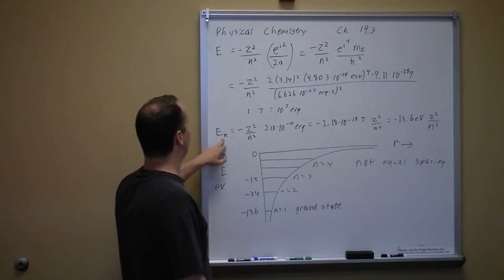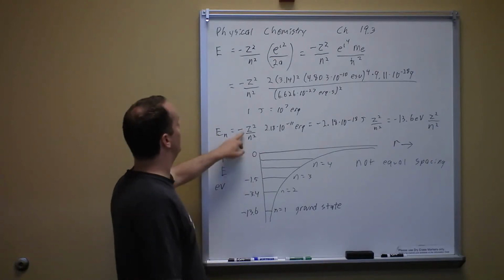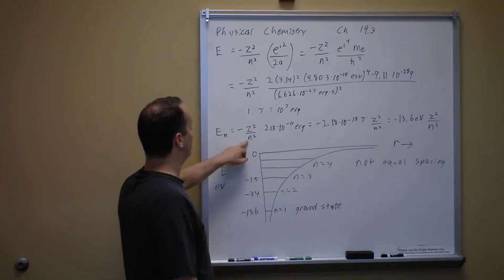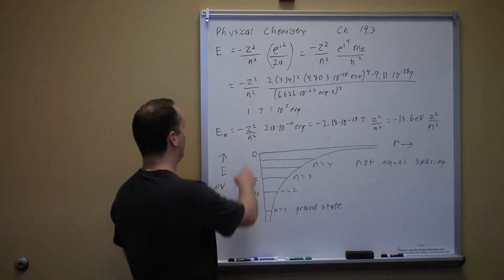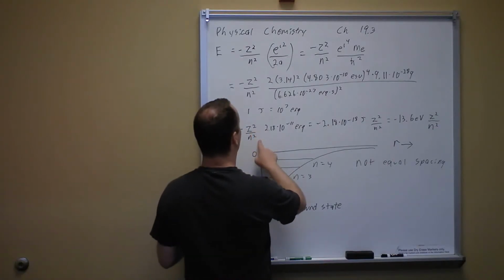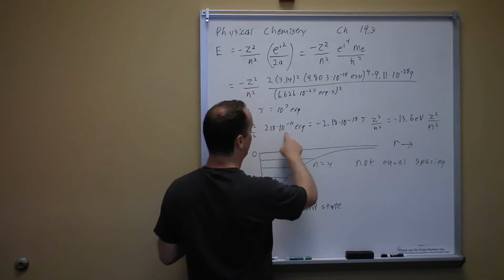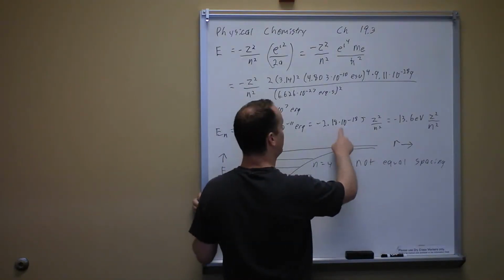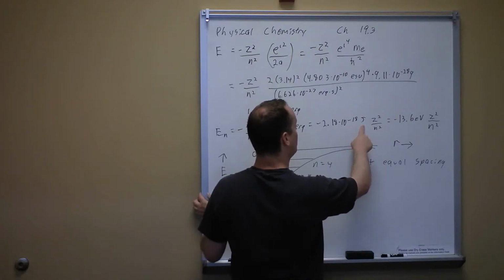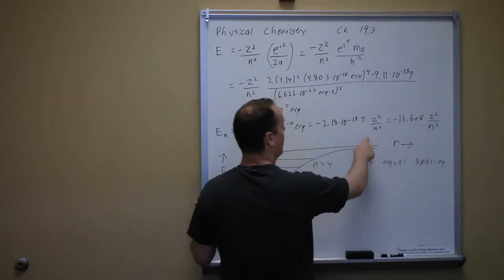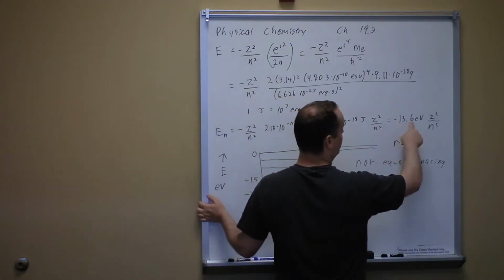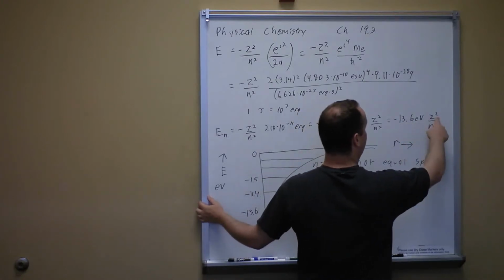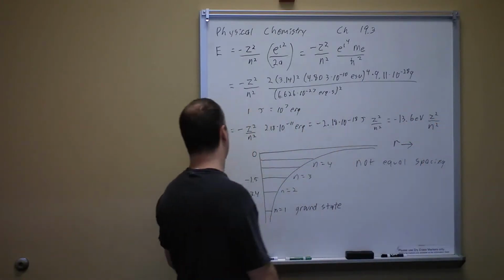So the energy for level n depends on just 2 variables, your atomic number and n. We get minus 2.18 times 10 to the negative 11 ergs, or minus 2.18 times 10 to the negative 10 joules, or minus 13.6 electron volts, times Z squared over n squared.